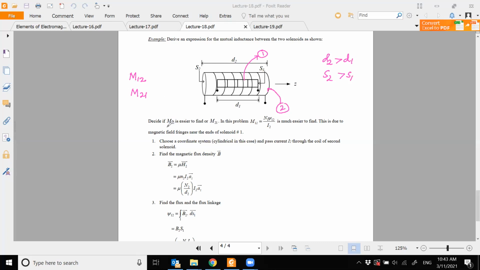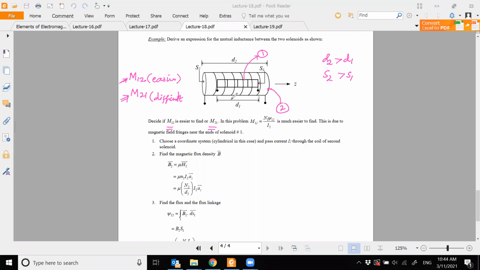In this case, finding M12 is easier and M21 is difficult. Think about why it is the case. Maybe in the next class, if you remind me, we can discuss for a couple of minutes why it is easy. So here M12 is easy.